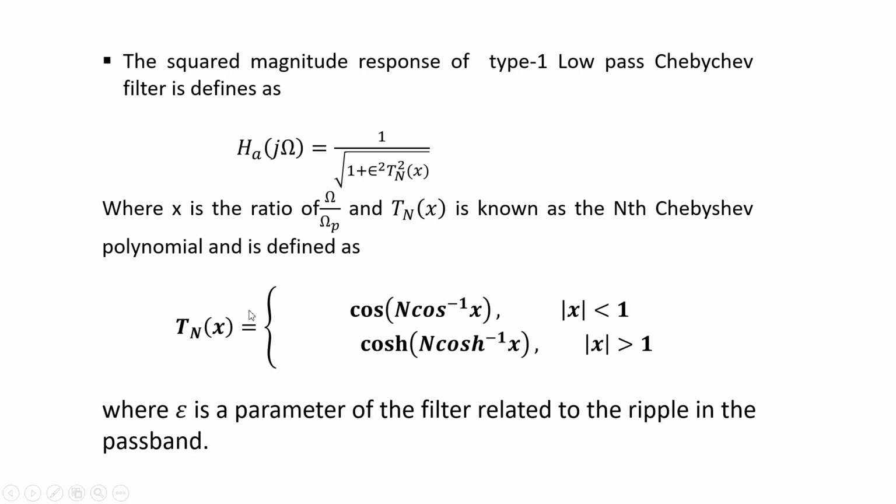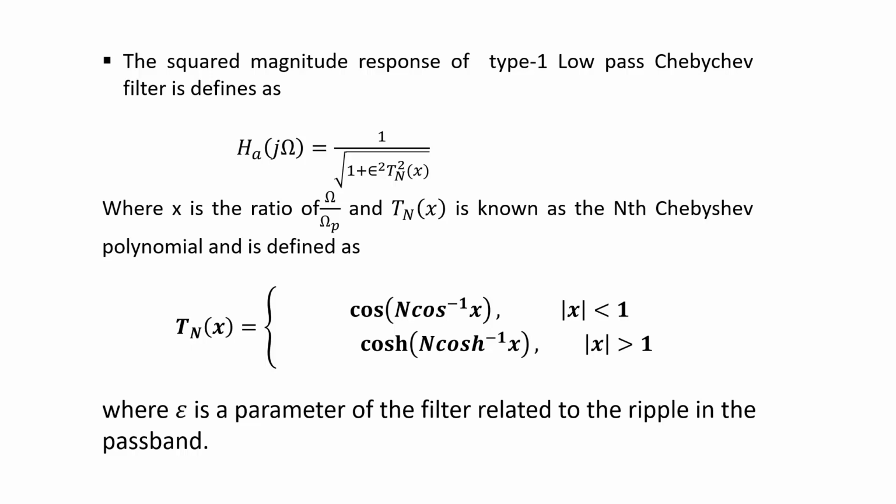Okay, now let us discuss the squared magnitude. This equation is for the squared magnitude response of a type 1 low pass Chebyshev filter. We also know that to design the Butterworth filters, we started with the low pass filter prototype and then used transformations to convert it to other types of filters like high pass, band pass or band stop filters.